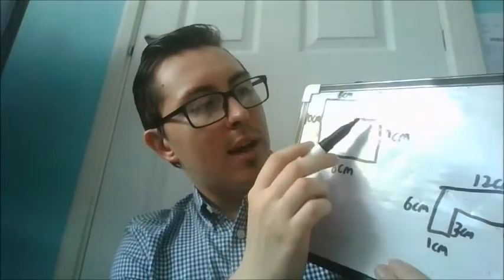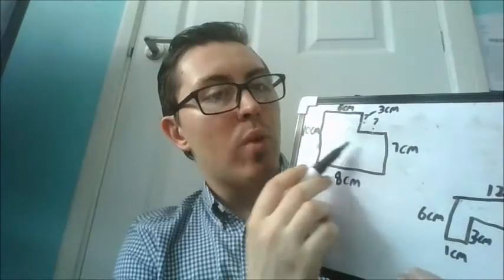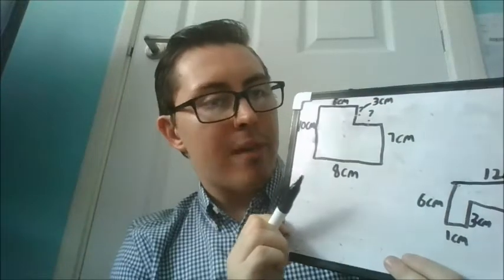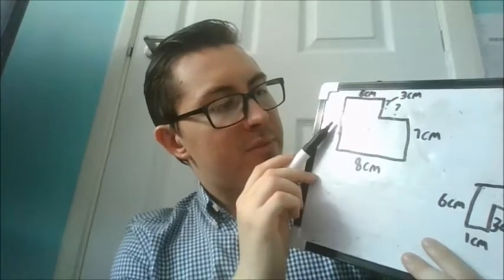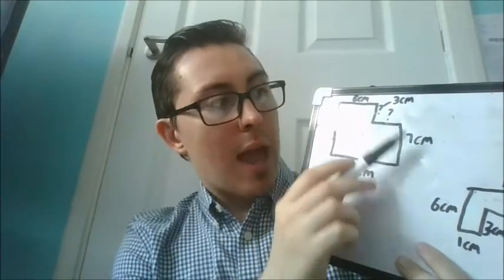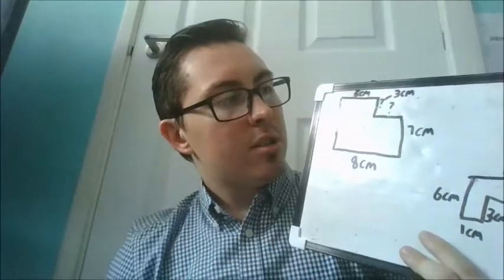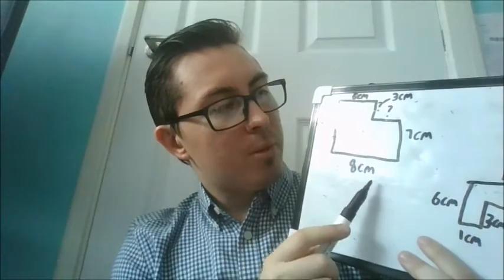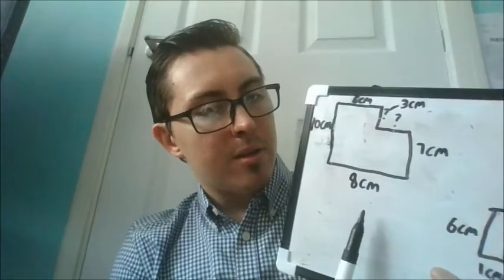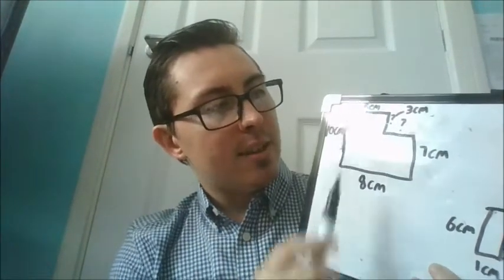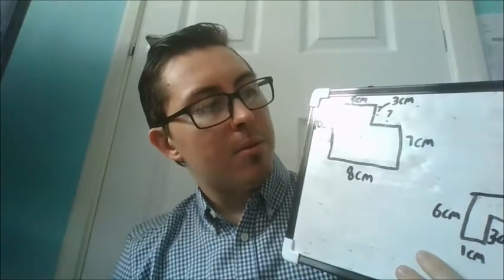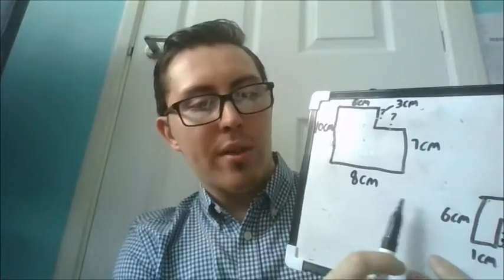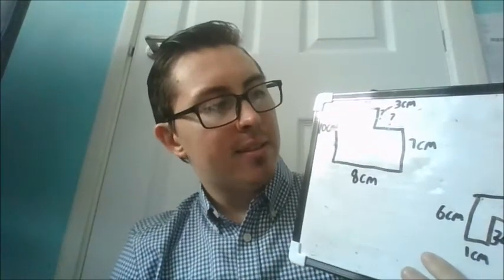But now we have to work out what this one is. Part of the width. So what numbers do we have for our width? These two are our length, and that's our length now as well. Which one tells us about the width? It's the bottom number and the top number. The bottom number is 8 centimeters. We have 6 centimeters at the top. That doesn't go all the way across, so this is our whole width number, 8 centimeters.